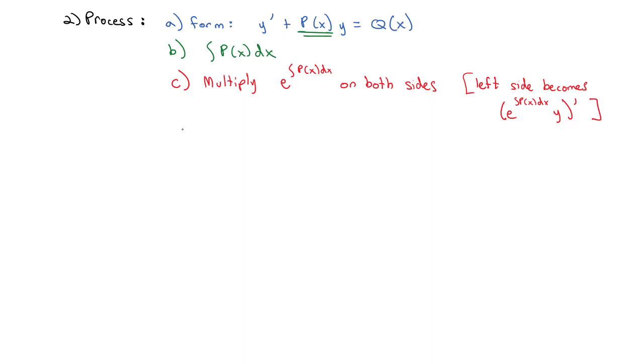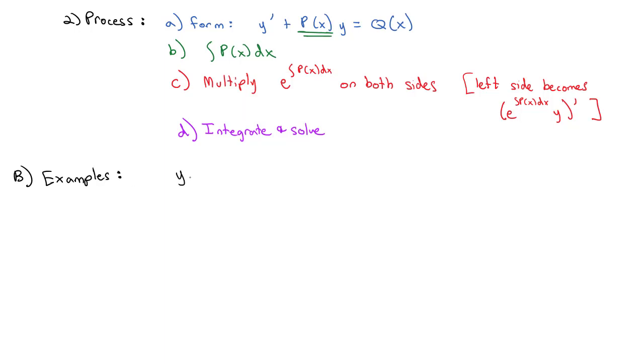And that format is going to set us up to integrate and solve the resulting equation. This four-step process is probably much easier than memorizing that formula, but at least the formula kind of explains where it comes from. So let's do a couple examples where we can watch this process work out.